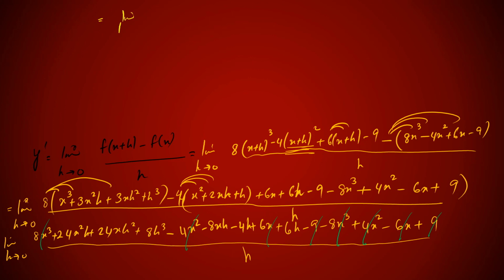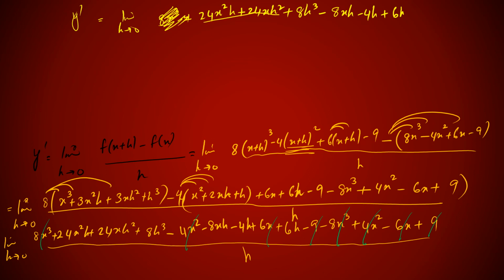Limit h approaches 0 of 24x square h plus 24xh square plus 8h cube minus 8xh minus 4h and plus 6h. The 8x cube is cancelled out, sorry.